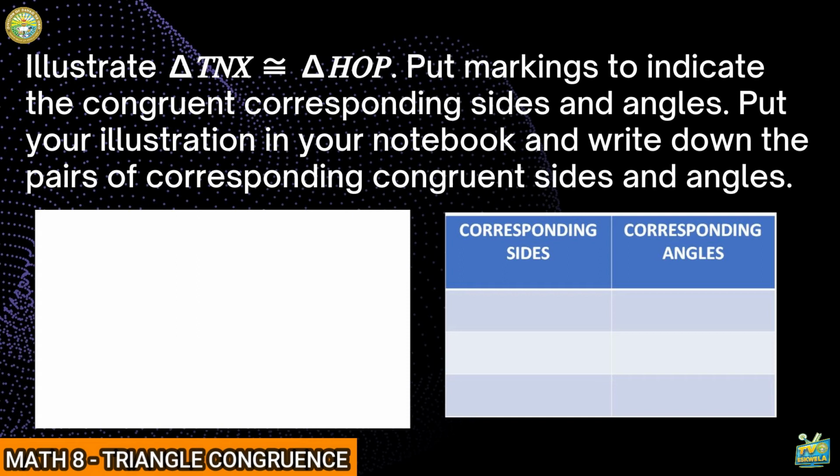Illustrate triangle TNX is congruent to triangle HOP. Put markings, like the examples earlier, to indicate the congruent corresponding sides and angles. Put your drawing in your notebook and write down the pairs of corresponding congruent sides and angles.